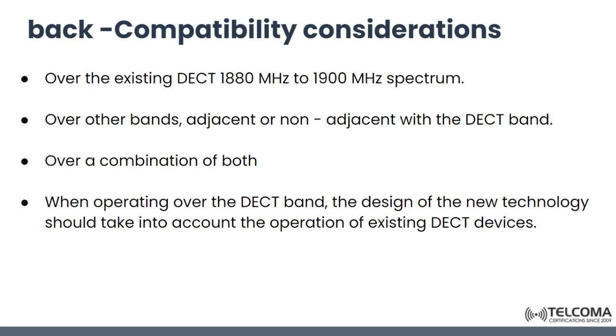Also there is a backward compatibility consideration: over the existing DECT 1880 MHz to 1900 MHz spectrum, over other bands adjacent or non-adjacent to the DECT band, or a combination of both. So when operating over the DECT band, the design of this new technology should take into account the operation of existing DECT devices.